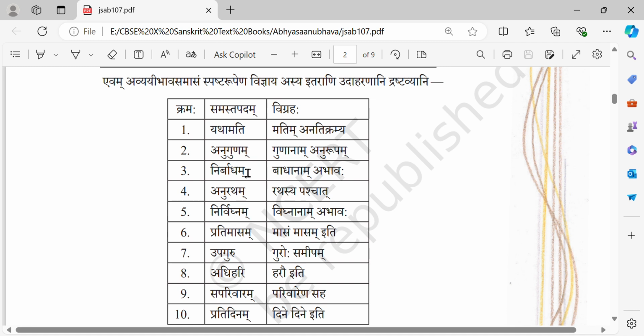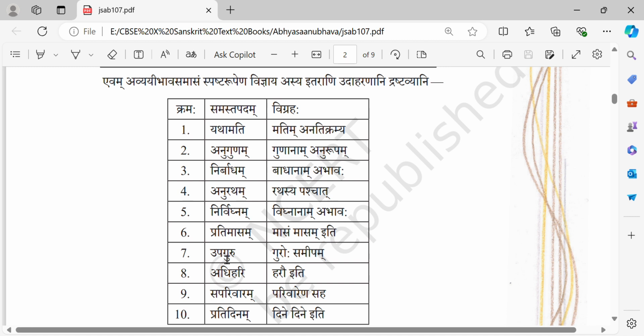Anugunam, gunanam anurupam anugunam. Whenever anu comes, gunanam anurupam. Badhanam abhavaha nirbadam. I have told you other examples also. Nir is the upasarga here. Anu is the upasarga. Again, nir is the upasarga where you have to use abhavaha.